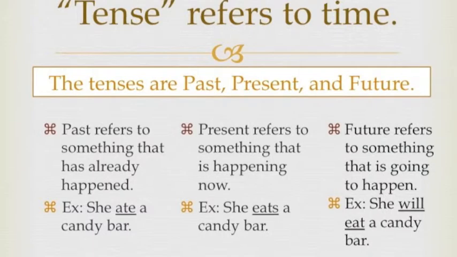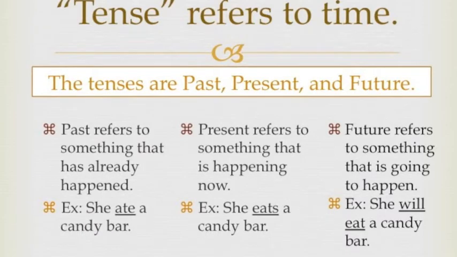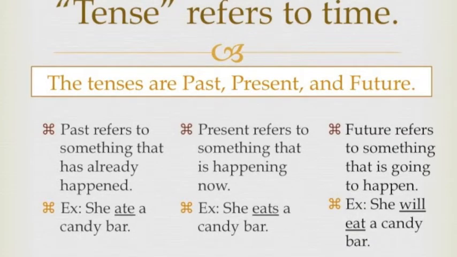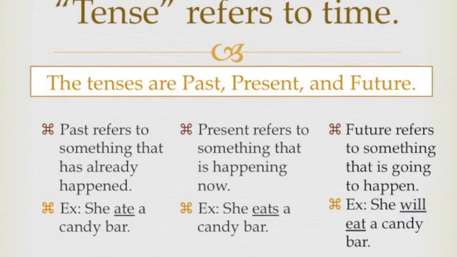When we talk about present tense, it refers to something that is happening right now. She eats a candy bar. When we talk about future tense, it refers to something that is going to happen. She will eat a candy bar. Think of these differences between the different kinds of tenses as we continue through our lesson.